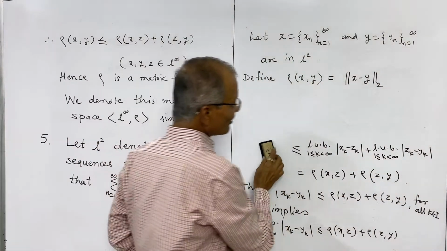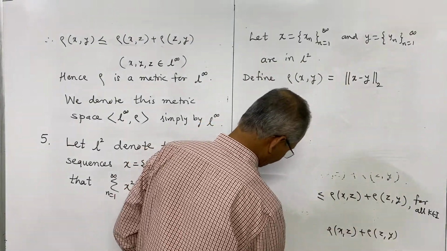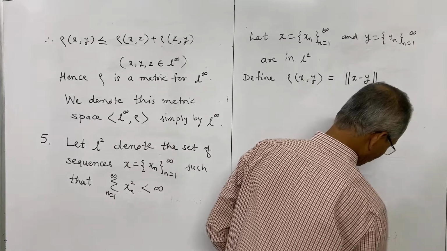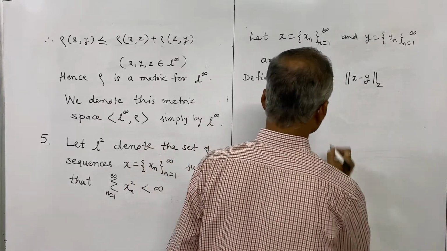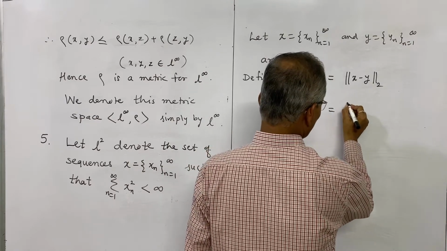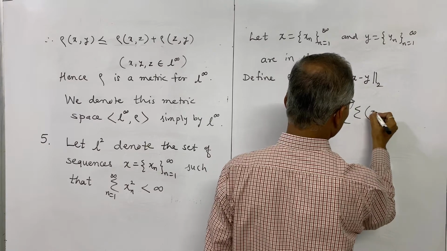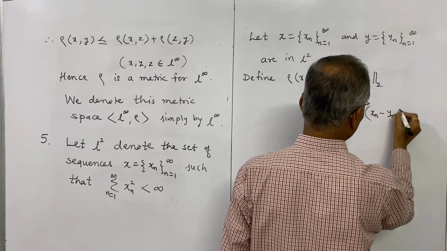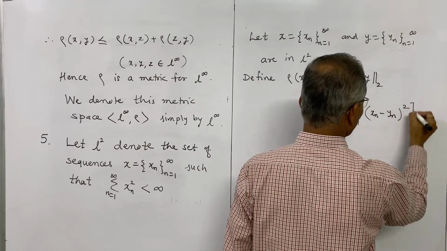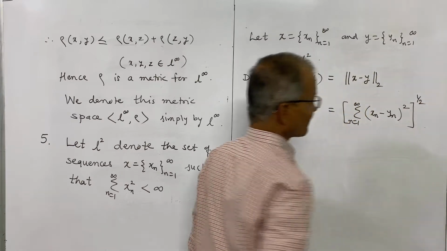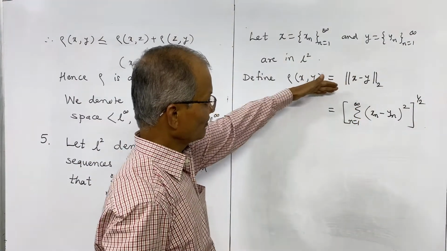And what is the meaning of norm 2 of x minus y? By definition, this is the summation of the square of xn minus yn, n takes value 1 to infinity, and the whole raised to the power half. As in Rn we have defined this type of metric.